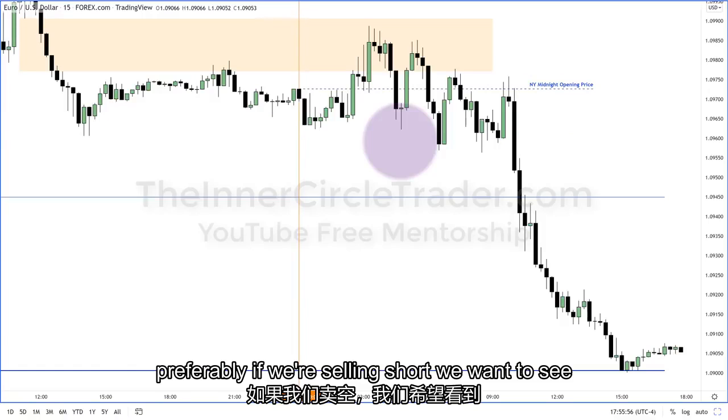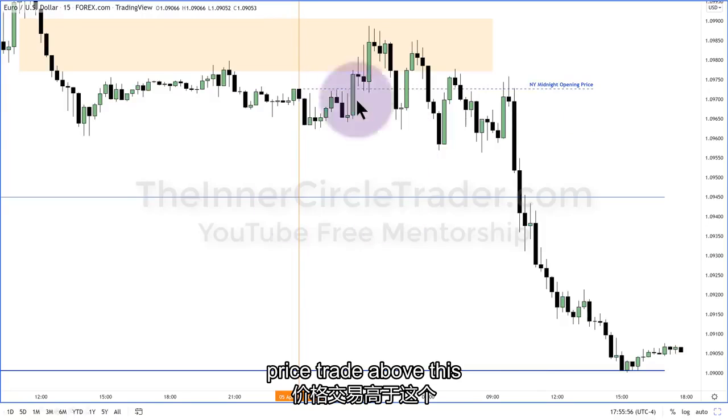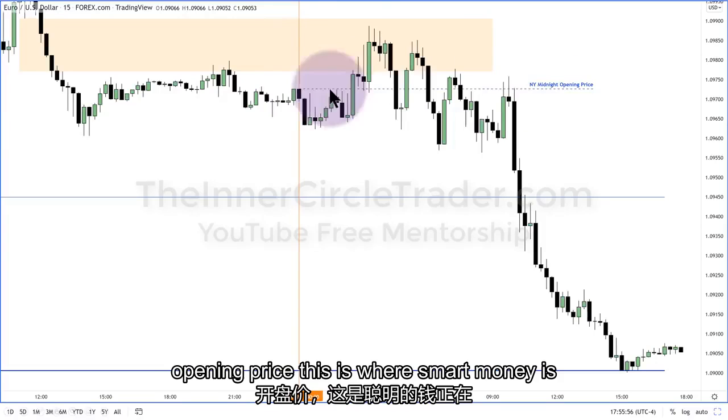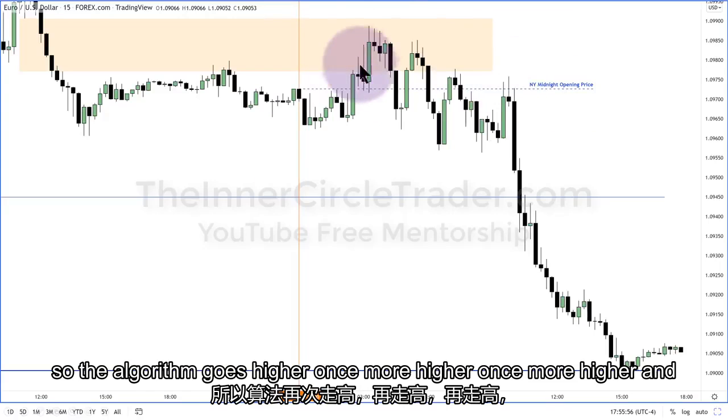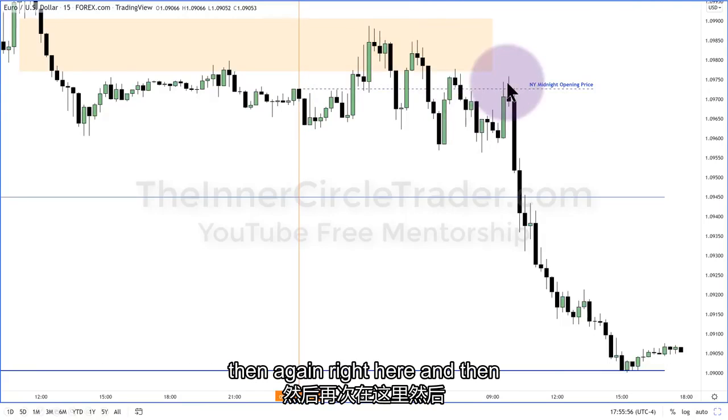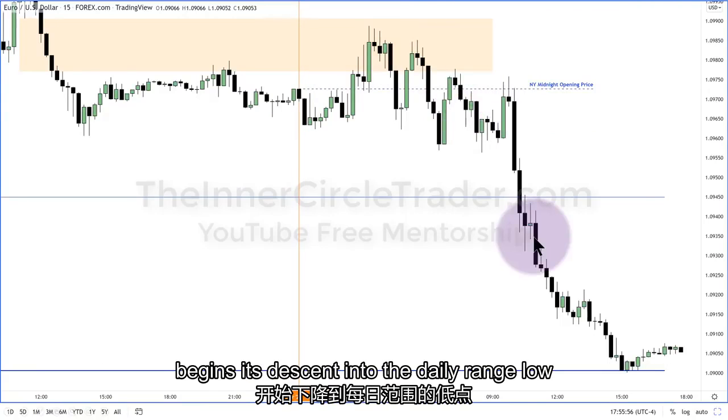Preferably, if we're selling short, we want to see price trade above this opening price. This is where smart money is accumulating short positions. See that? So the algorithm goes higher, once more higher, once more higher, and then again right here, and then begins its descent into the daily range low.